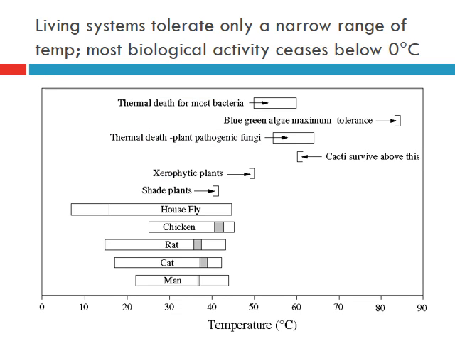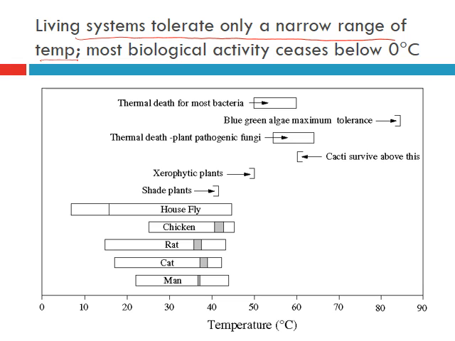Okay, so in the context of biological systems, how many degrees of variation are we talking about that can make a difference? Living systems tolerate only a narrow range of temperature.